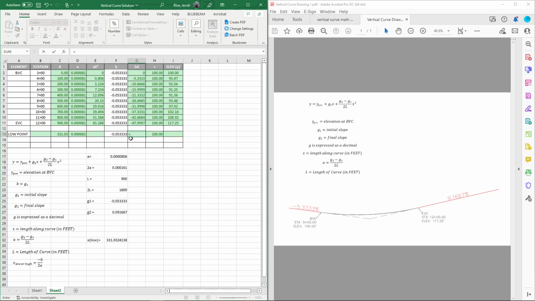That's going to be equal to my b value times my x value. And now ax squared, that's equal to my a value times my x value times my x value. So I have all that information. So I know where in the x-axis that low point happens, 331 feet beyond the start of our curve. So somewhere in this region, about a third of the way along our curve, that's our low point.